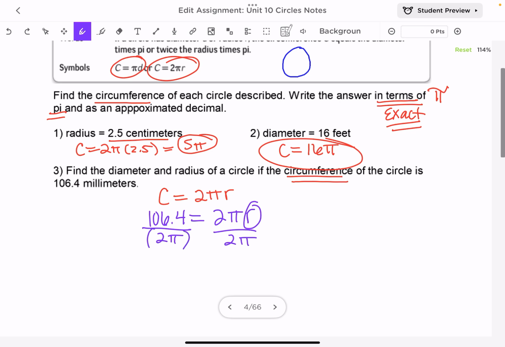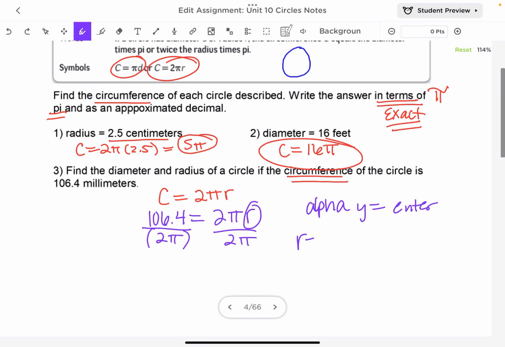So if you're going to do it all at the same time, then you're going to have to put the parentheses. Or if you know how to get that fraction up in your calculator so you can hit alpha y equals in your calculator and then press enter, you can get the fraction up, then you don't have to do that because that's already setting that 2 pi apart. But if you type it all in at once, then you have to set it apart.